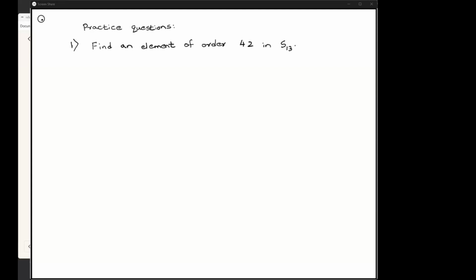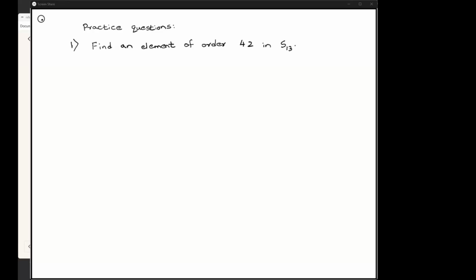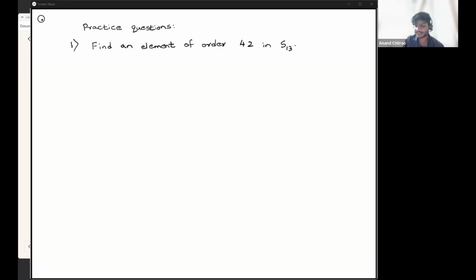What does that mean? Yeah, S13 is the permutation group. You have to tell me a product of cycles whose order is 42.